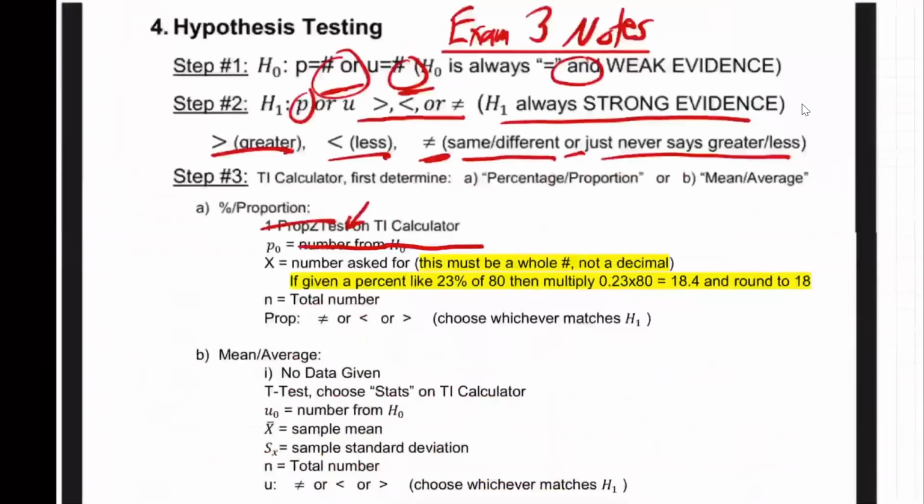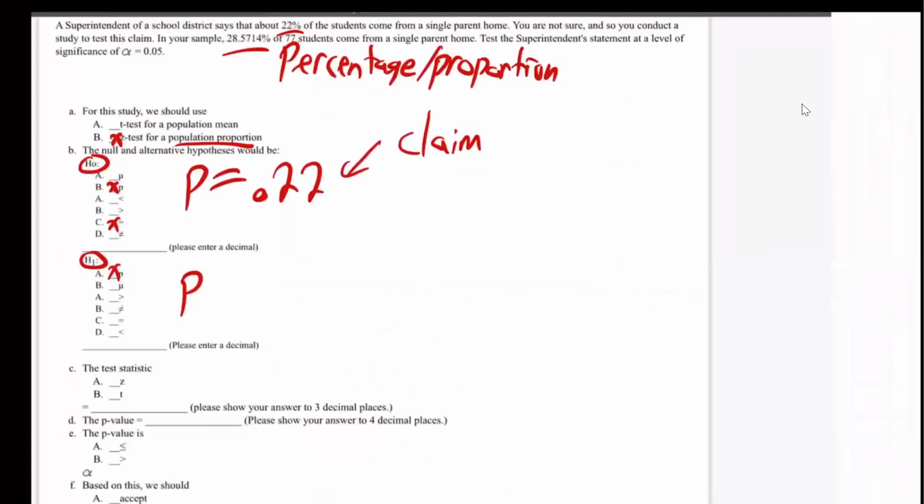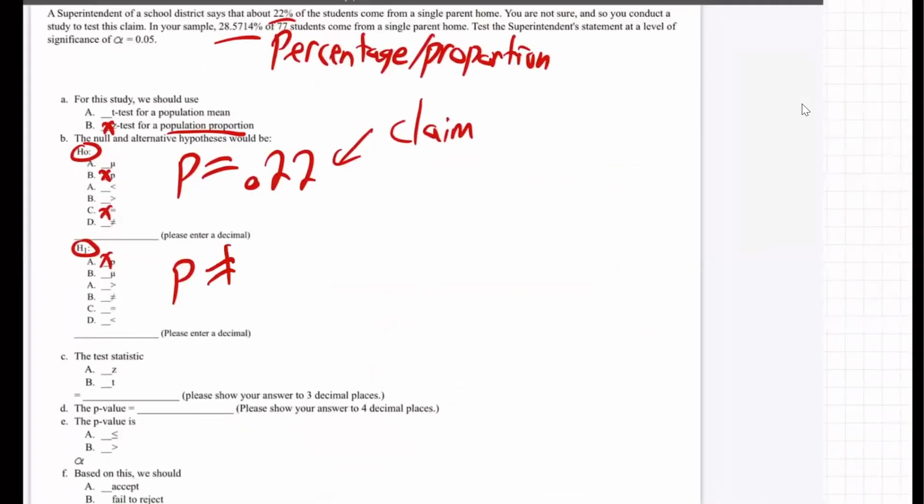It just never says greater or less. So what does that mean? We're testing not equal. In other words, if we're not talking about being greater or being less, then we're talking about being different, not equal. So not equal to 0.22. These are always the same number, always the same.